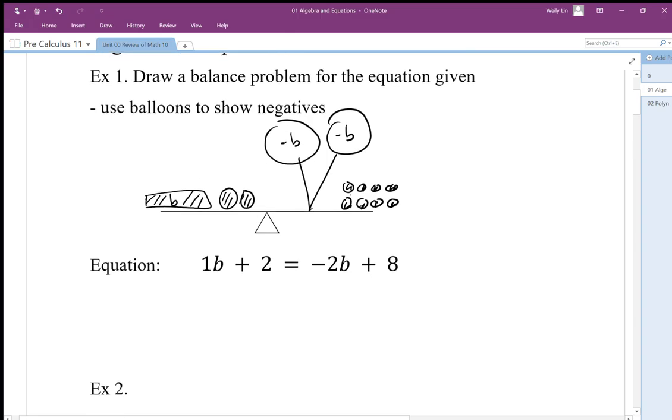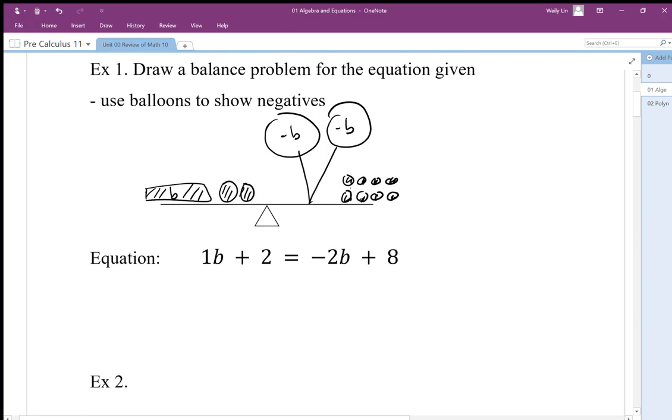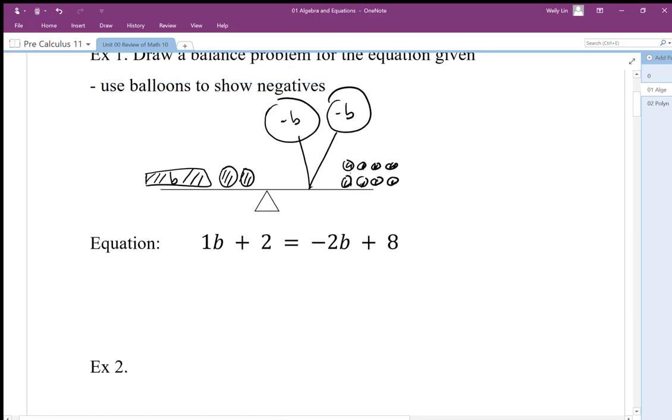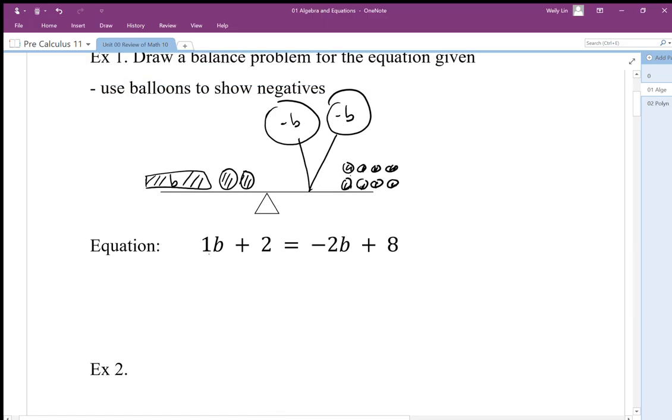So to show this solution, we can solve this by showing our steps. We're going to get rid of the B's, so we're going to balance off those 2 B's with a couple boxes there, or algebra tiles. And what we do to one side has to be done to the other side.